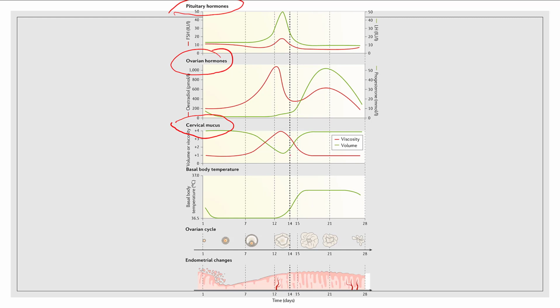So the volume reduces, it's not that thick, with fluidity, so it allows the sperm to travel through the cervical mucus. The basal body temperature is based on this monitoring.